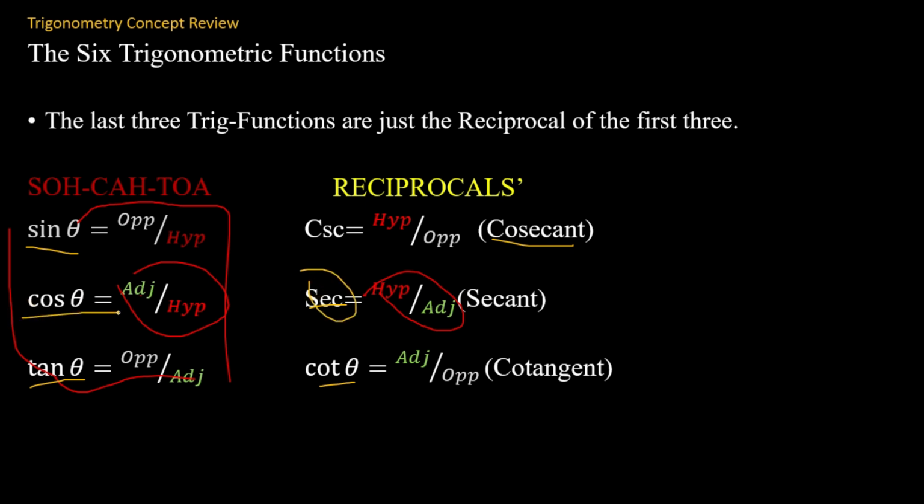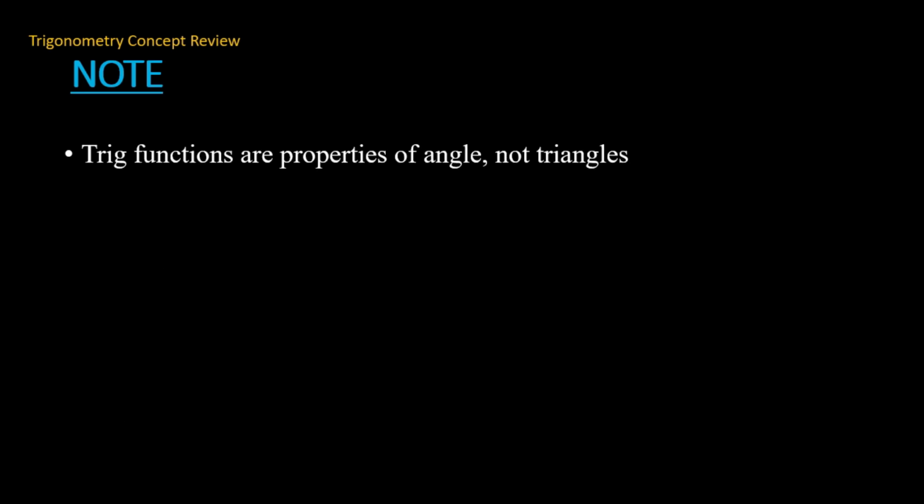Alright. Take note of this very well. The trigonometric functions are properties of angles and not triangles. Yes, we can find angles in many plane figures: in 4-sided, 5-sided, and 6-sided plane figures, they all have angles, and they can all be related to the properties of trig.